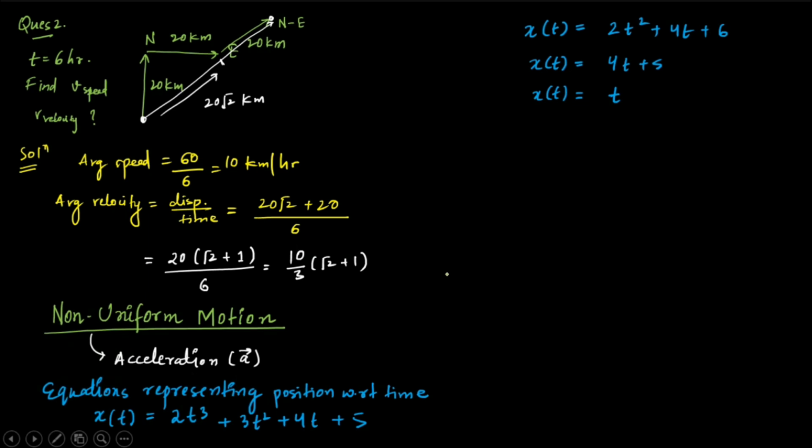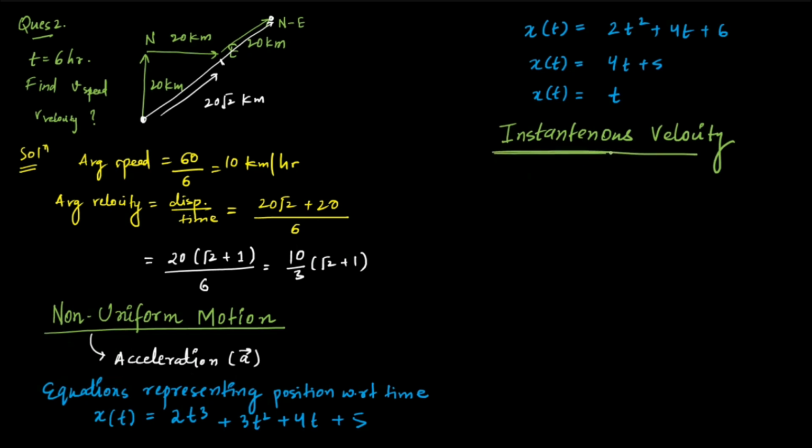In such cases, we can write another sort of velocity, which is called instantaneous velocity. Suppose a particle moves for 10 seconds. Every second it has a different velocity because it keeps on accelerating.